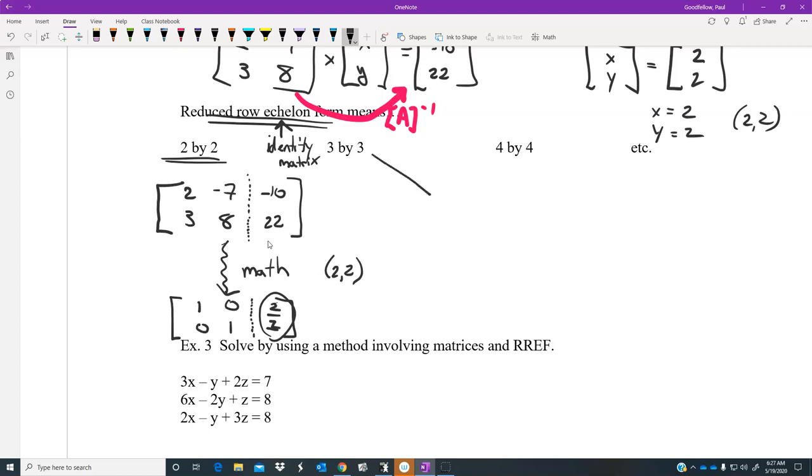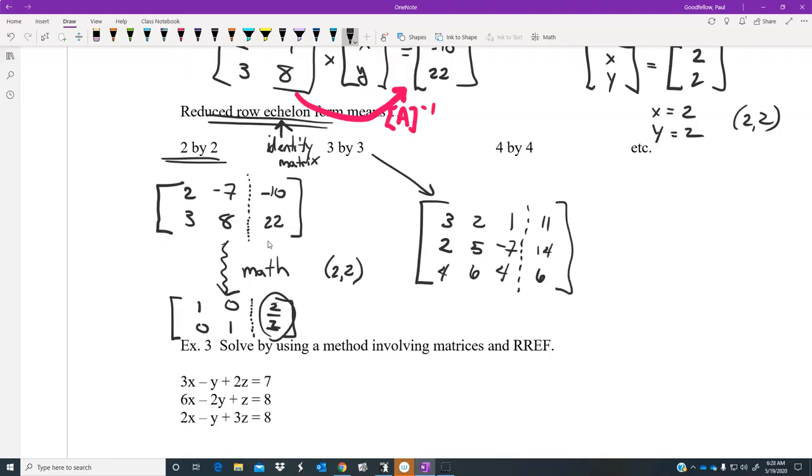Now, you can make these row reduced echelons in 3 by 3 or 4 by 4 locations. So you would have, like, say, an original matrix that was 3 by 3, so 3, 2, 1, and I don't know, 2, 5, -7, 4, 6, and 4, something like that. And then you would have your answer matrix over here, which would be like 11 and 14 and 6 or something like that.